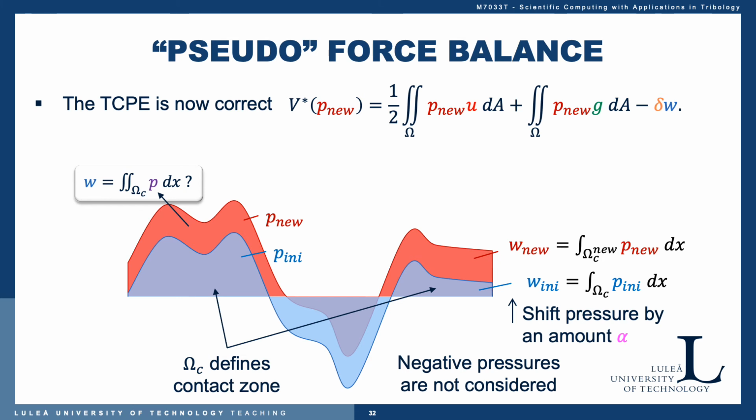We get a new load contribution from the pressure, and we can test if this one is equal to the applied load. If it is, well, P is P nu, and we're done. We have found the solution P nu, which minimizes the total complementary potential energy and satisfies the force balance. Also, P is positive everywhere.